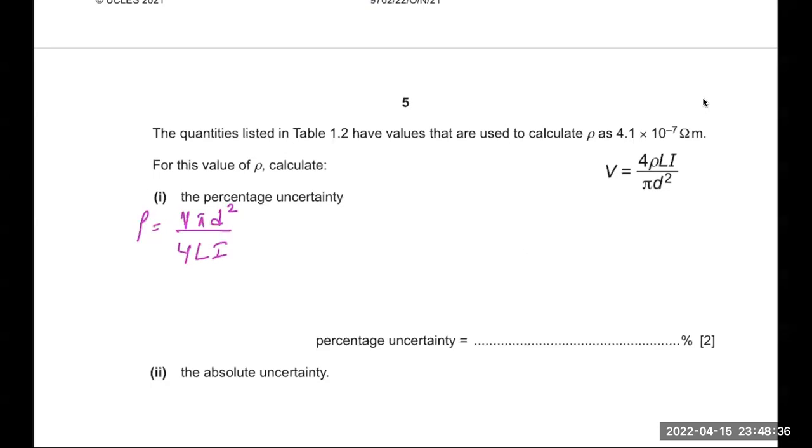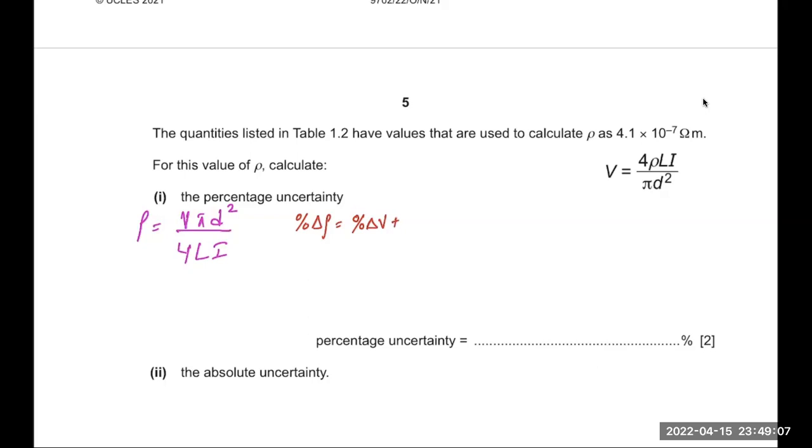To find out the percentage uncertainty in rho, you need to add the percentage uncertainties in all the quantities that are part of the formula, if they have an uncertainty in the first place. In fact, let's first write down the formula and then we'll fill in the values. So percentage uncertainty in V, that is the first thing that we'll add. Pi does not have an uncertainty. It's a fixed value. It's a known quantity. So we'll omit that.